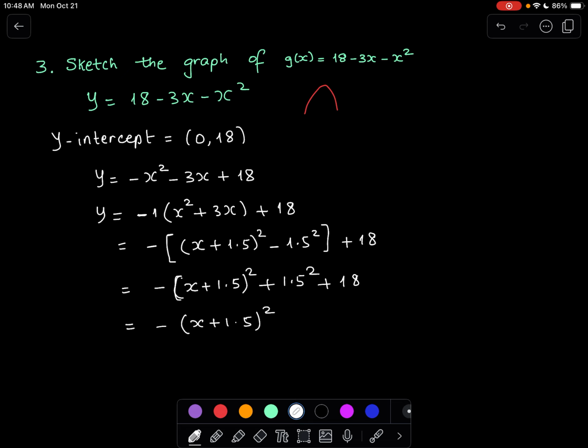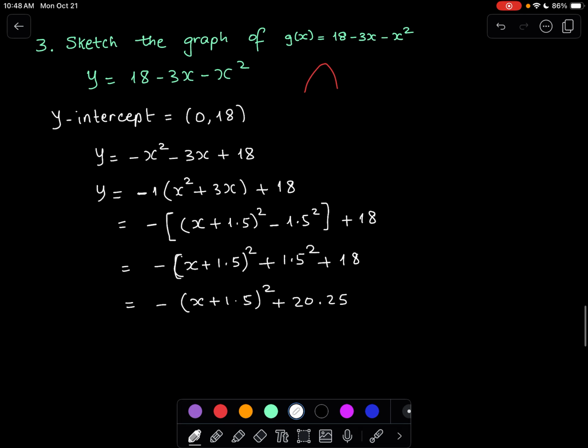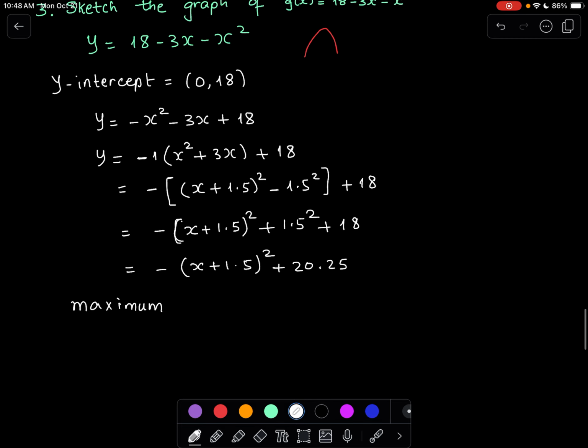What is 1.5 squared? Which is 2.25 plus 18. That is going to give me 20.25. So I know that in this case it's going to be a maximum point because it's a sad face. So the maximum point will have coordinates (-1.5, 20.25).